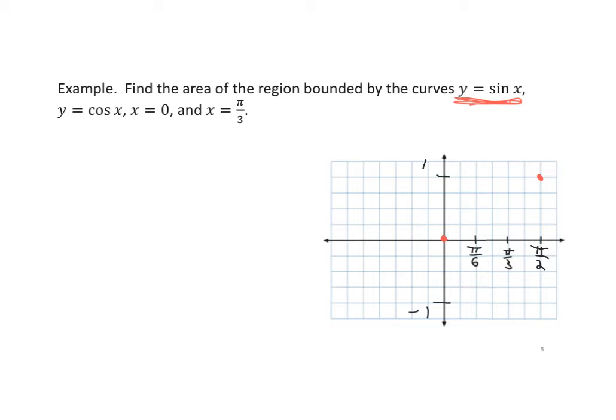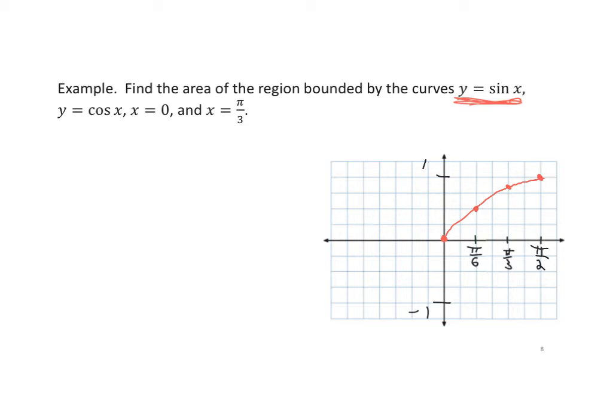We know that sine of pi over 2 is 1. Sine of pi over 6 is 1/2. And then sine of pi over 3 is root 3 over 2, which is about maybe there. Remember, we only need up to pi over 3 anyway.